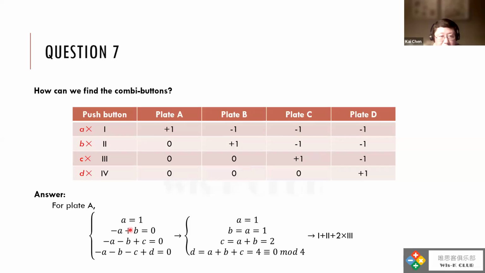Place B, because here's a -1, so -1 A times, minus A, and here we have a +1, B times, that's a plus B, and 0, because no change for B. C, the A times here, so minus A, minus B, but plus C, because here's a +1, plus C, and it ends up a 0, no change. And place D, minus A, minus B, minus C, plus D is 0.